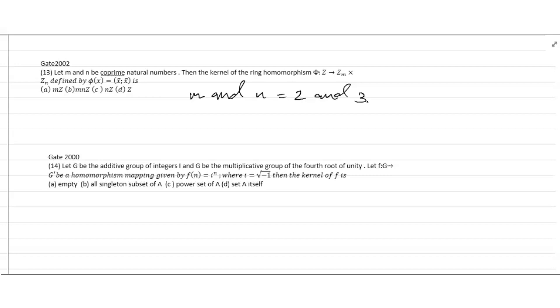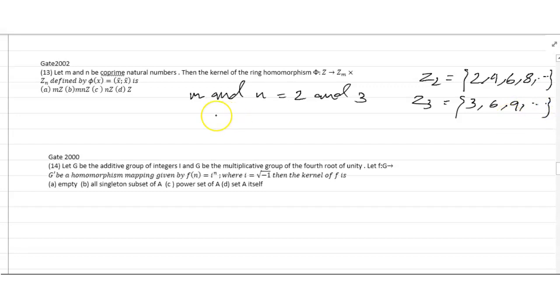So mZ is 2Z, written as 2, 4, 6, 8 up to infinity, and nZ is 3Z, written as 3, 6, 9 up to infinity.